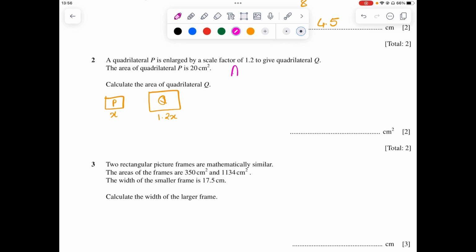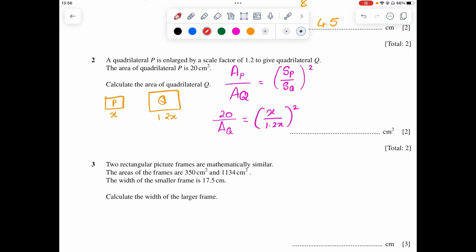So area of the quadrilateral P upon area of the quadrilateral Q equals side of the quadrilateral P upon side of Q, whole square. So area of P is 20 upon area of Q, which we don't know, and SP upon SQ. If side SP is x and side of Q is nothing but 1.2x, whole square.